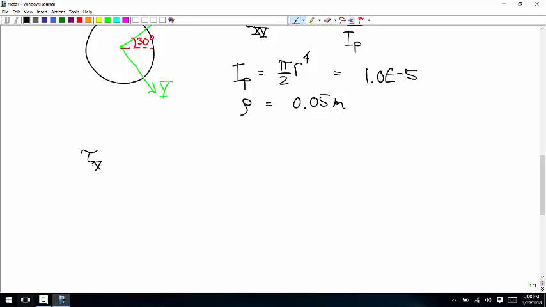So tau, capital X, capital Y is equal to negative 15,000 times 0.05 divided by 1.0 times 10 to the minus 5. And what do you get for that?